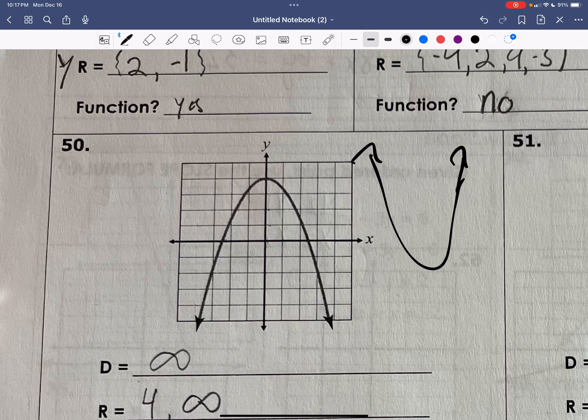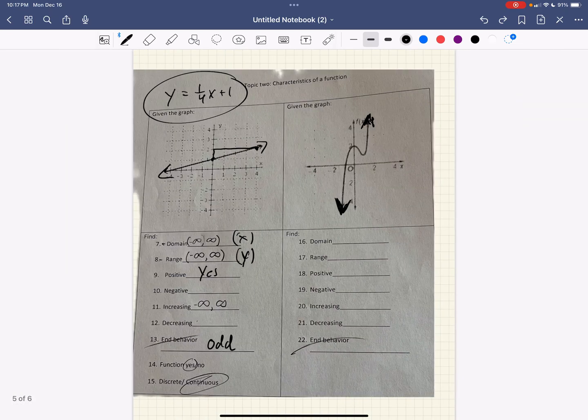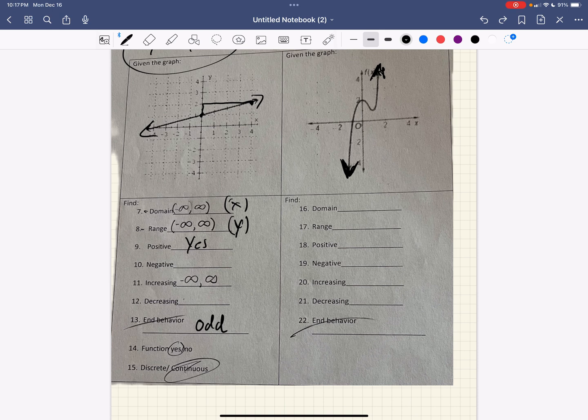This one would actually be considered a negative even function. This one would be considered a positive even function. So there's a lot of characteristics of functions, and I want to make sure I get what they're asking you for, but my reaction for end behavior would be an odd function.